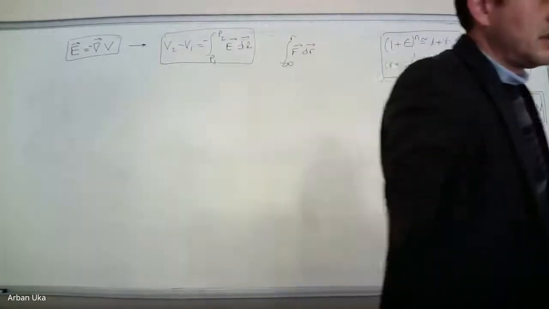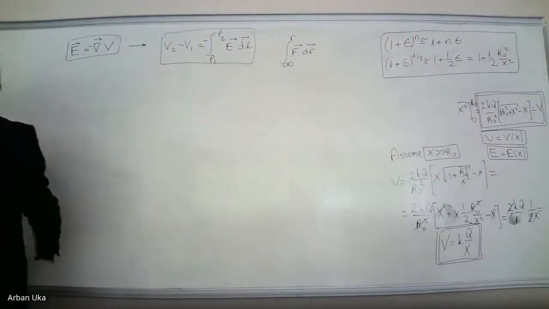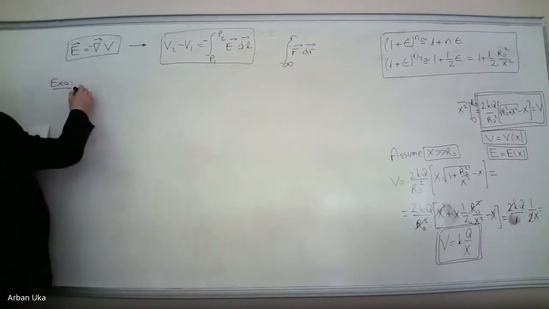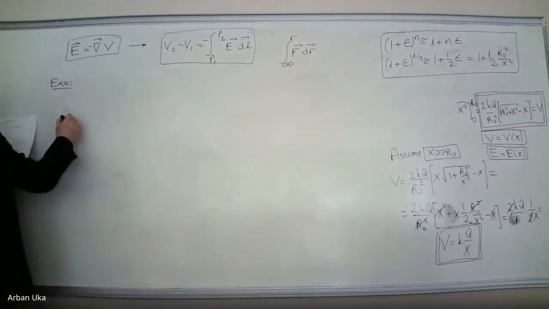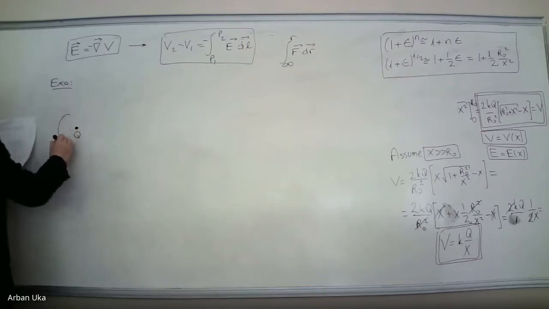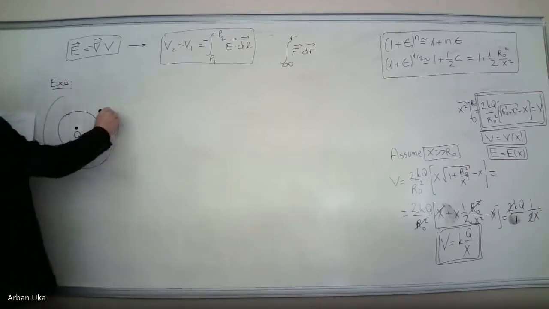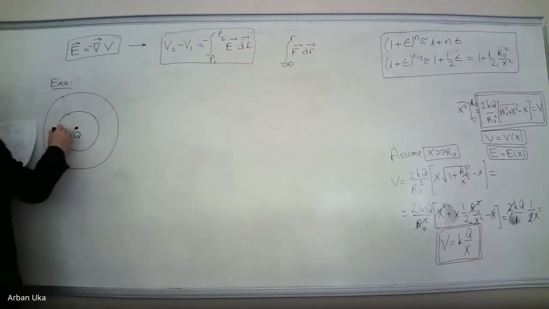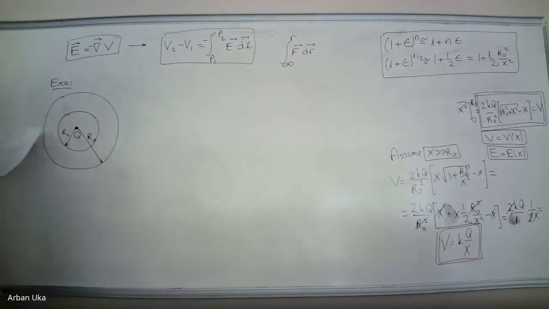And see an example as follows. So let's assume we have a charge Q inside a conductive shell. And this conductive shell, it looks like this. And this has an inner radius Ri and an outer radius Ro.